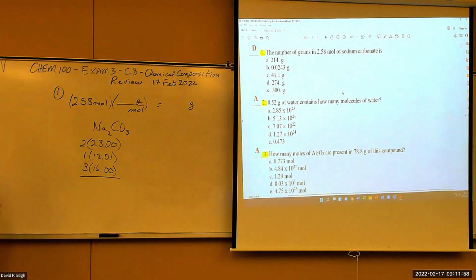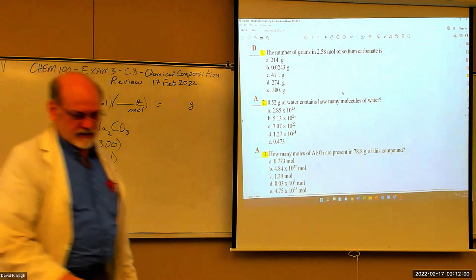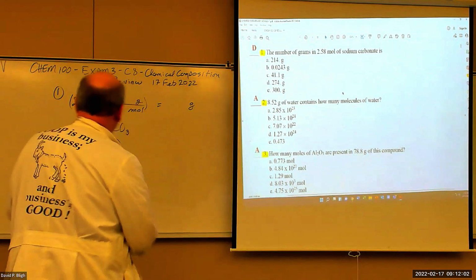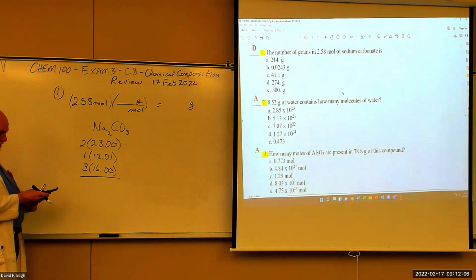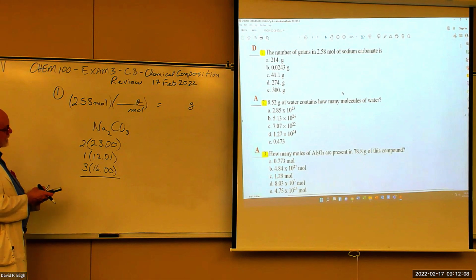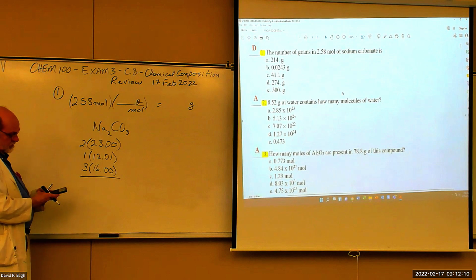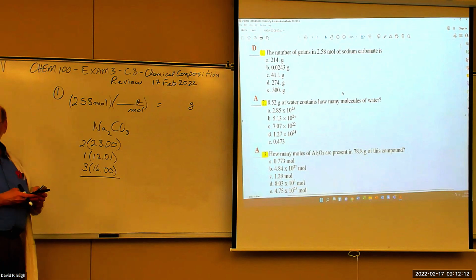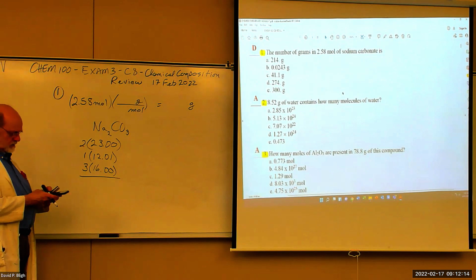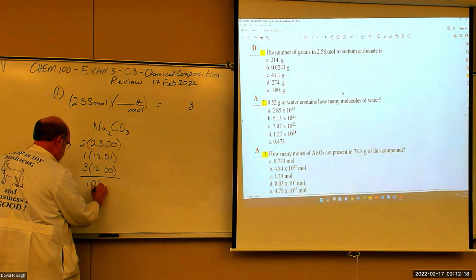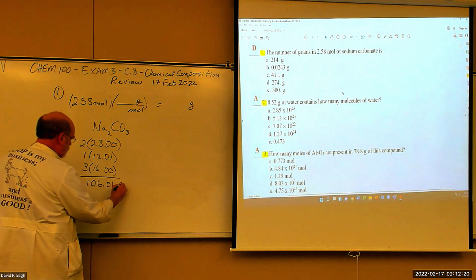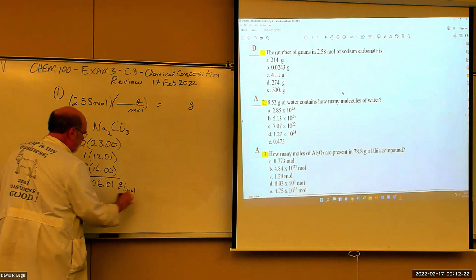Okay, so now we just need to do our calculation. What's the molar mass of sodium carbonate? Let's see, I do that one, 46, in my head, and then 12.01, and then 3 times 16 is 48. Okay, I get 106.01. 106.01 grams per mole.